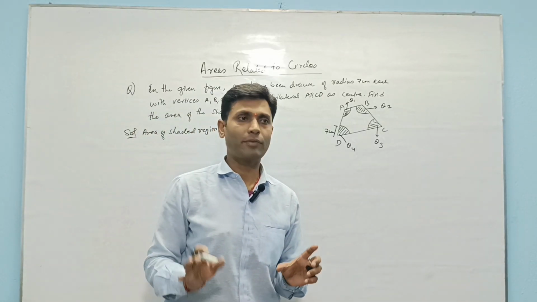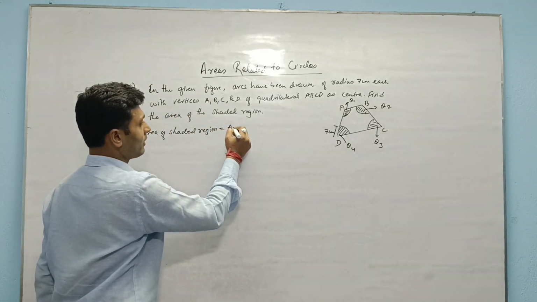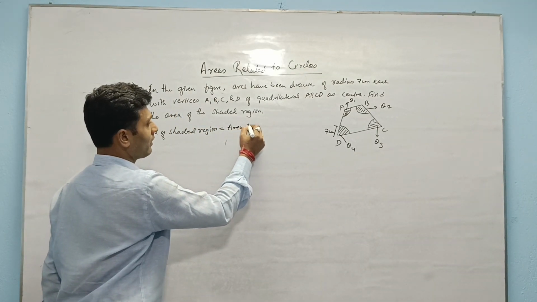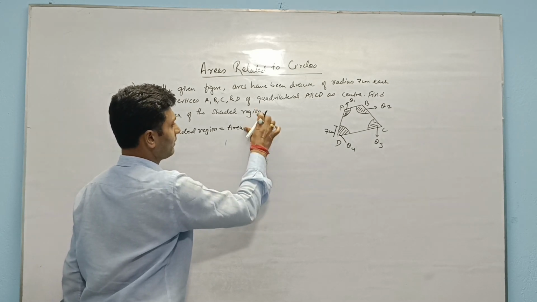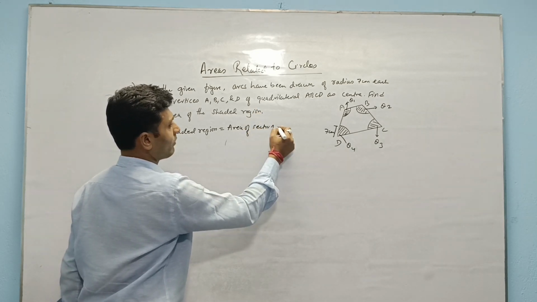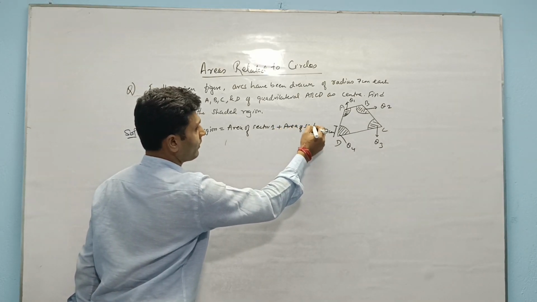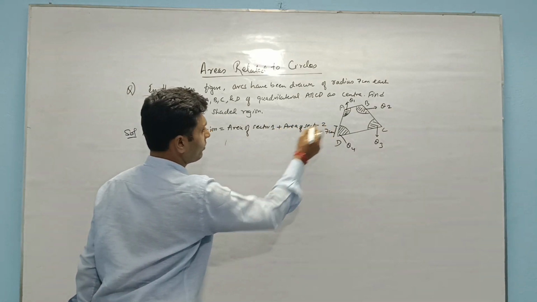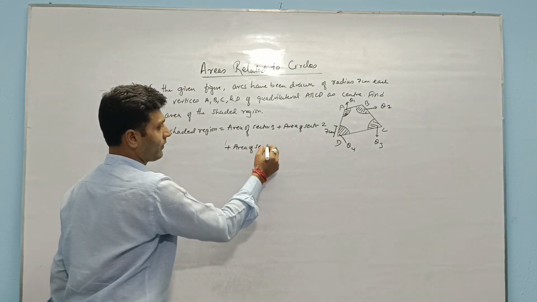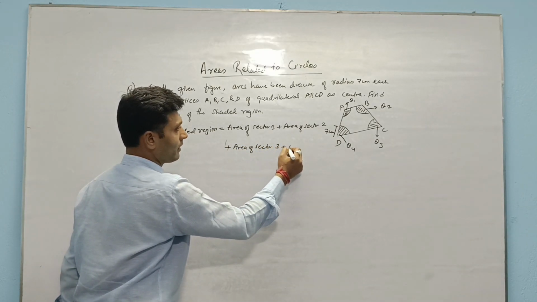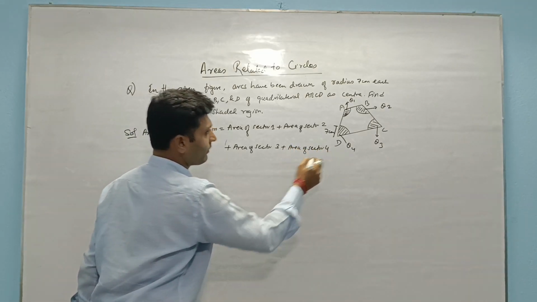So I'll write area of shaded region is equal to area of sector 1 plus area of sector 2 plus area of sector 3 plus area of sector 4, right?